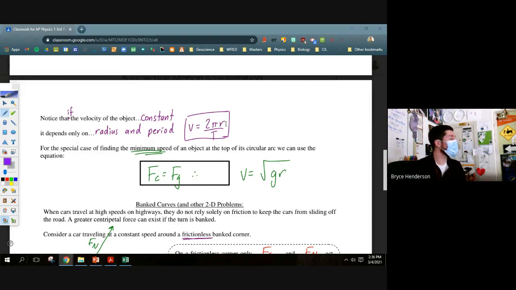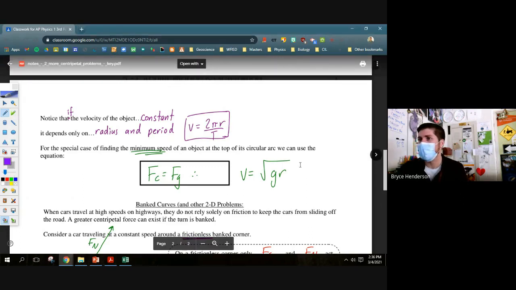Sorry, did I say greater? I meant less normal force. Yeah, you'll feel like your stomach's fluttering. So FG would be greater. Correct. Just like in an elevator, when you're shooting up at the beginning, your normal force feels greater. That's why you feel heavier. Yep, I said that backwards.